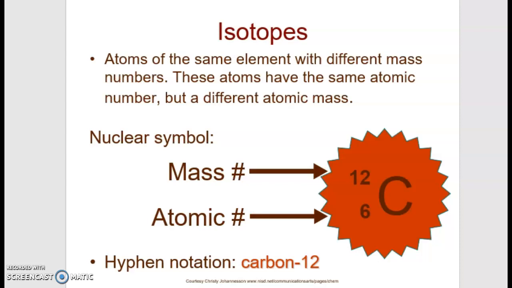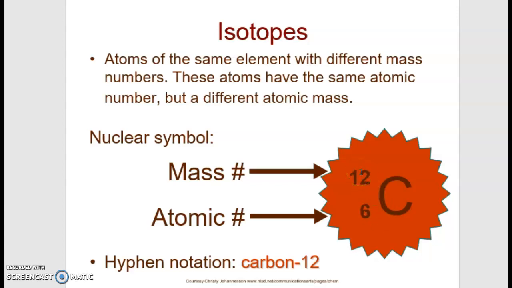Isotopes, again, are atoms of the same element with different mass numbers. This means if they have different mass numbers, then it's the same atom, but it has a different number of neutrons, okay? This is the nuclear symbol for carbon that you find on the periodic table. And you may remember that this number in the lower left is the atomic number, so that means there's 6 protons and 6 electrons.